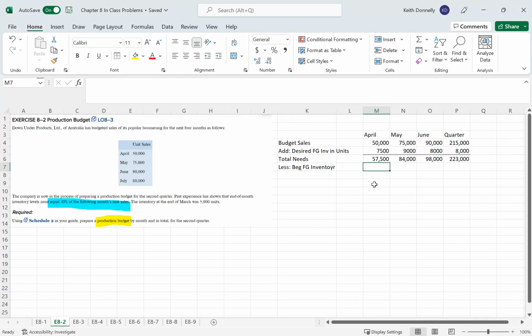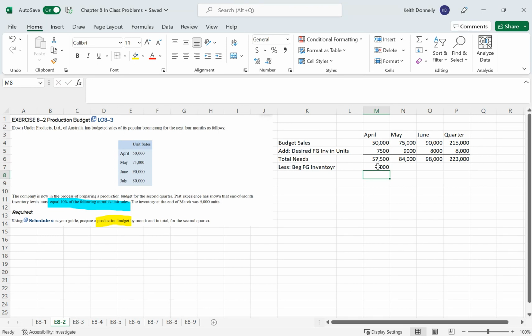Again, that's in units. Now, when we look at this, they're saying the ending inventory at the end of March was 5,000 units. So if at the end of March we had 5,000, last period's ending is this month's beginning, we must have had 5,000 at the beginning of April.